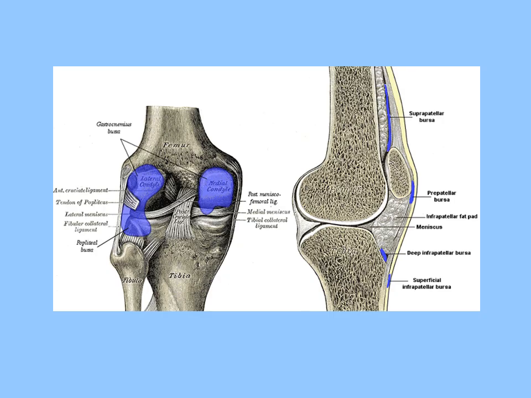Inferior to the patella, we have two bursae, a deep infrapatellar bursa and a superficial infrapatellar bursa. The deep infrapatellar bursa is at the top of the tibial tuberosity, deep to the patellar ligament. The superficial infrapatellar bursa is located between the skin and the tibial tuberosity.